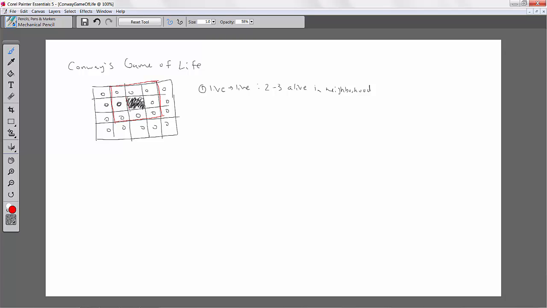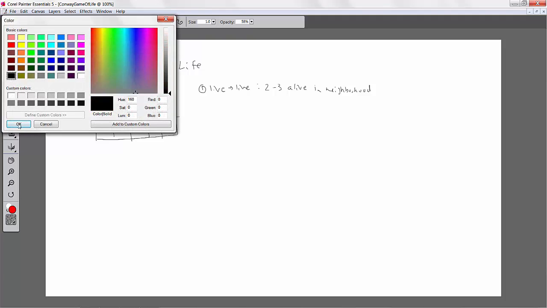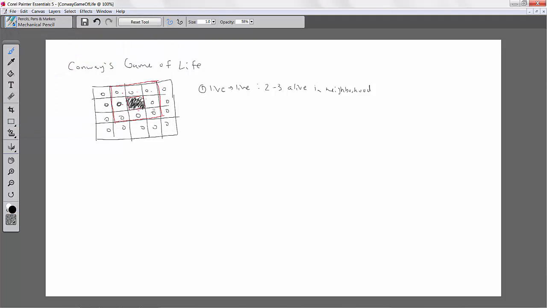So for this alive cell, its neighborhood is these 8 cells. If 2 or 3 of these are alive in the next time step, the cell remains alive.